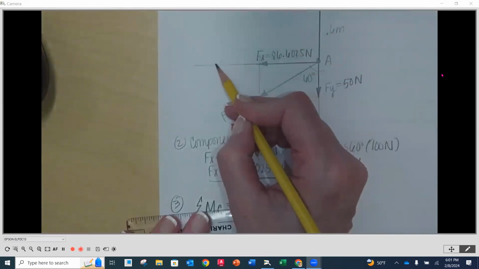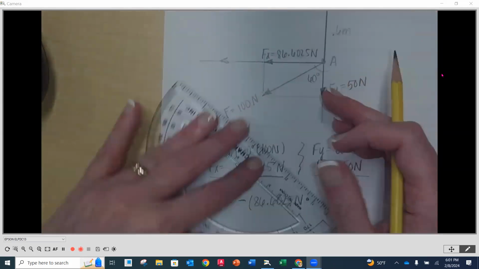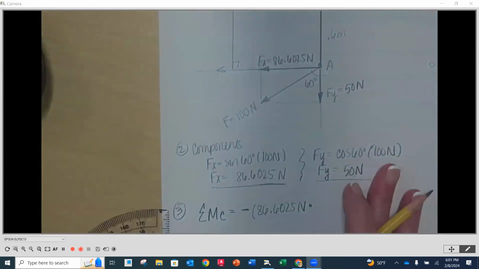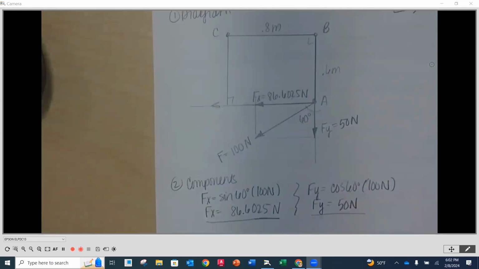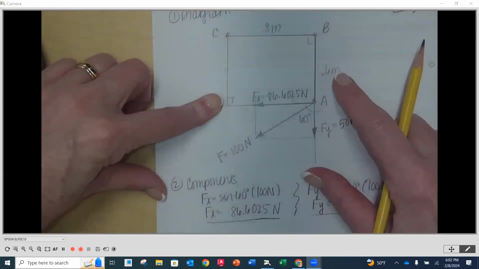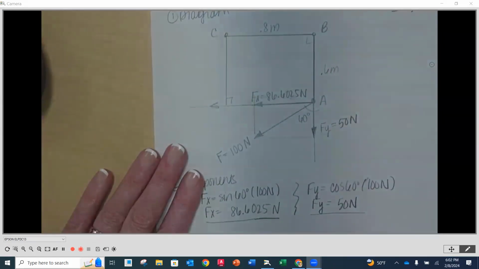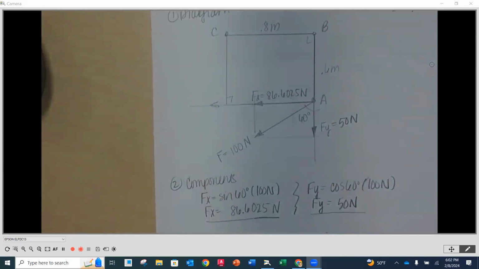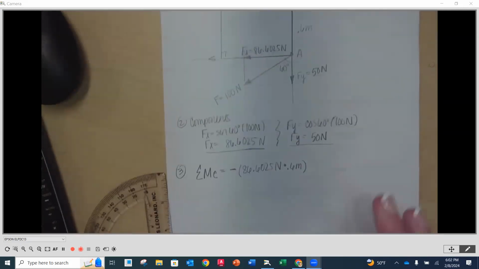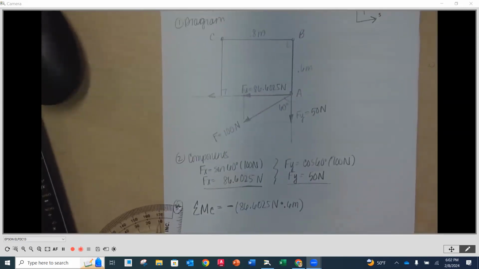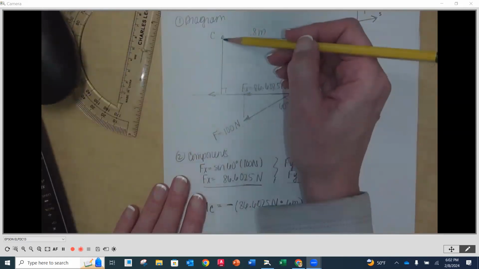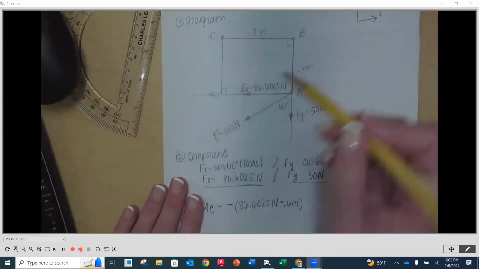And now here we can apply this force over here. And what's its perpendicular distance back to C? Right there. What is the magnitude of that perpendicular distance to C? 0.6 meters. So the force is the 86.6 and the distance is the 0.6 meters.